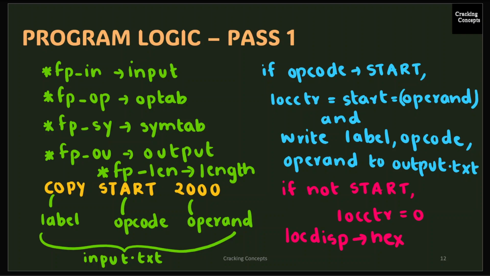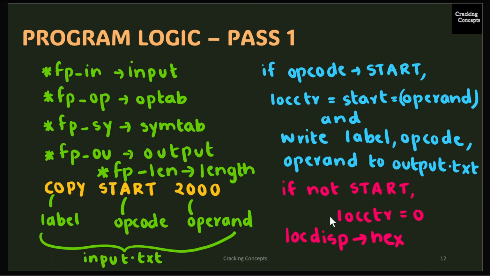So in order to take into account both of the files, I'll be setting two location counters. So the location counter LOCCTR will be managing the decimal conversion and location disp will be managing the hex output, which will be seen in the terminal.